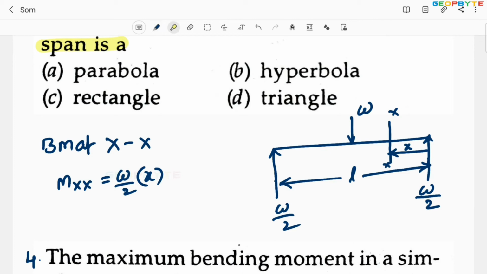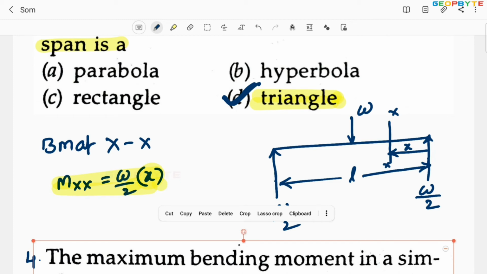Since the bending moment is a function of only distance, the bending moment is linearly varying. Since the bending moment is linearly varying, the bending moment diagram looks like a triangle. Therefore, option D is absolutely correct.